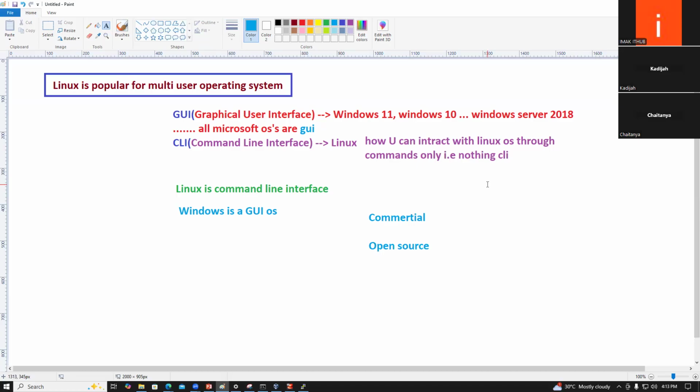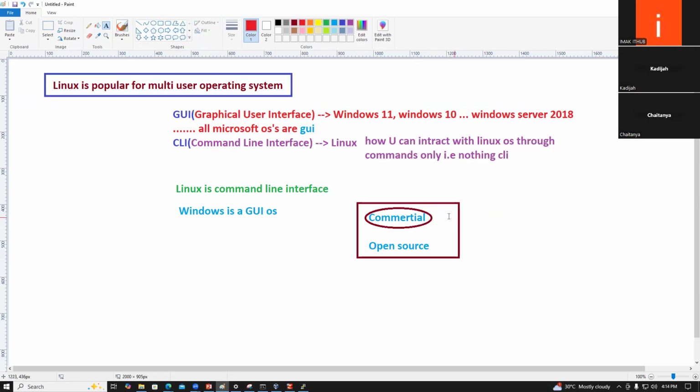Commercial can be for enterprises. Commercial is nothing but we need to pay for the license. We need to buy the license before we can use it. All Windows products are commercial.